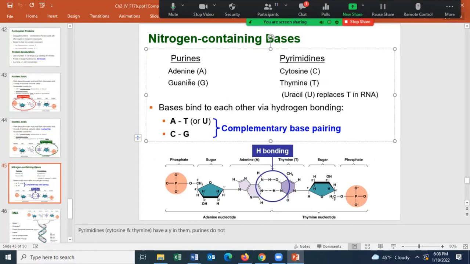Adenine and guanine do not have Y's in them. Any question about that?